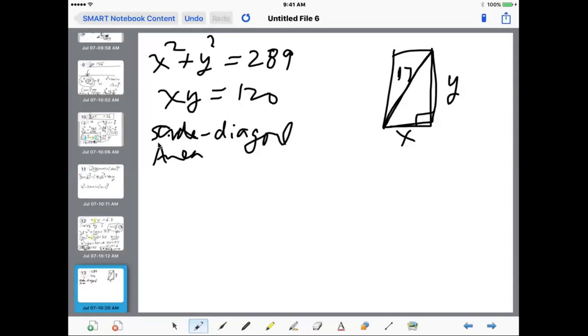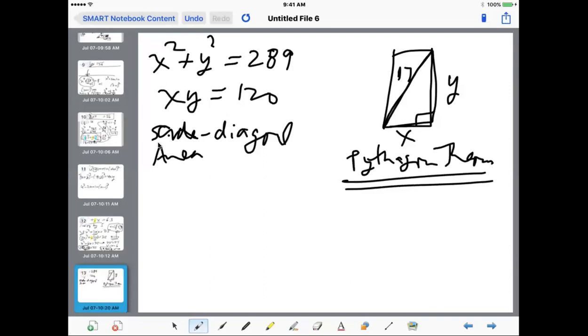So this suggests that they know the Pythagorean theorem, even though this is 2,000 years before Pythagoras. So they know that x squared plus y squared, the sum of the squares of the legs, is equal to the square of the hypotenuse.